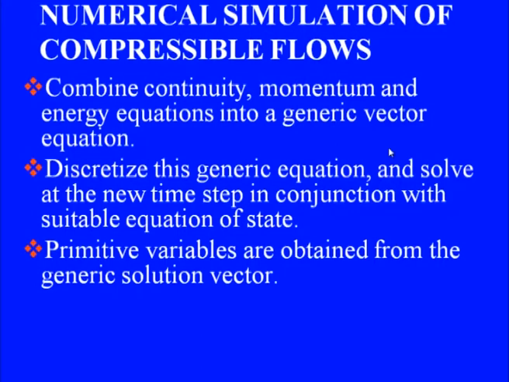Similarly, we can also use our solution variables at a given time instant to calculate the viscosity and conductivity which are required. The density would be solved as one of the components of a generic vector unknown, and the other components of that vector would be rho u, rho v and rho w, and then total energy.